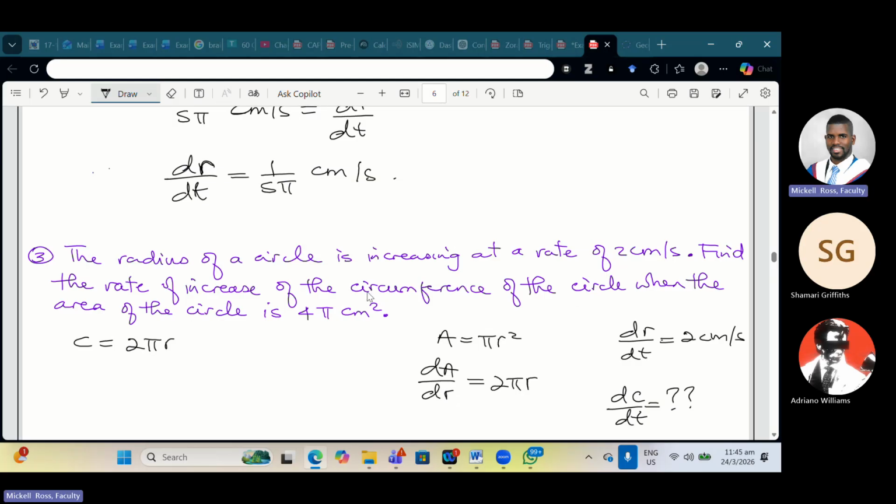But they said that when the area is equal to 4 pi. So they are saying that this is equal to 4 pi because, notice it says when the area of the circle is 4 pi.